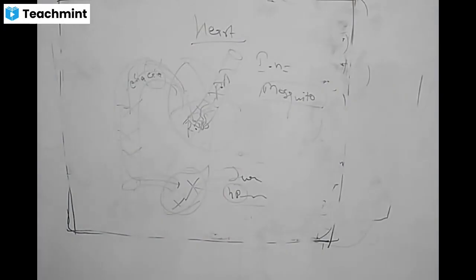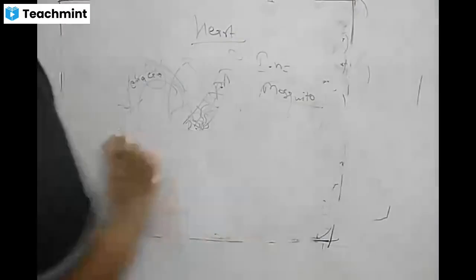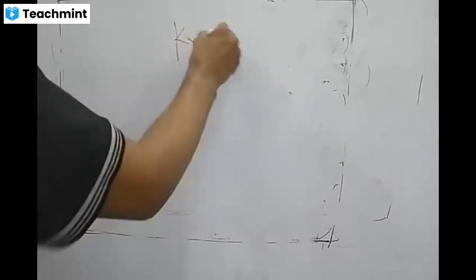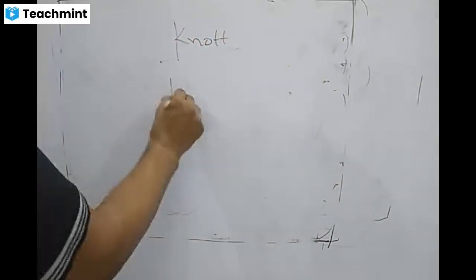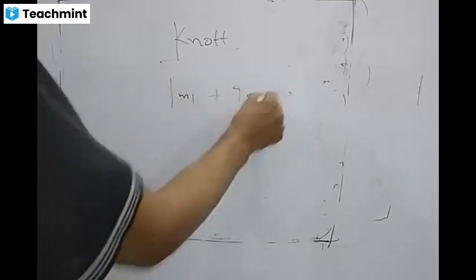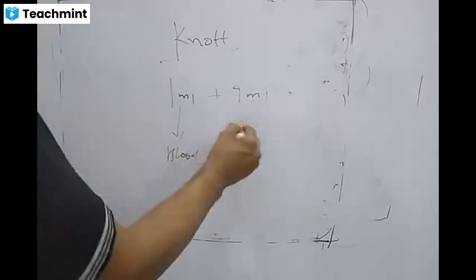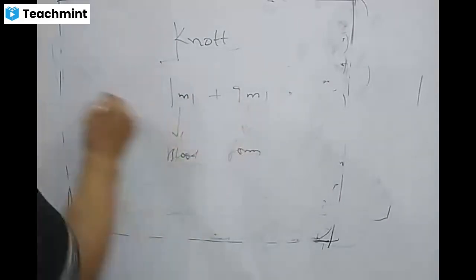So this filarial worm, there is one important test, that is your Knott's test, where 1 ml plus 9 ml. What is 1? That is blood, and 9 ml is your formalin.